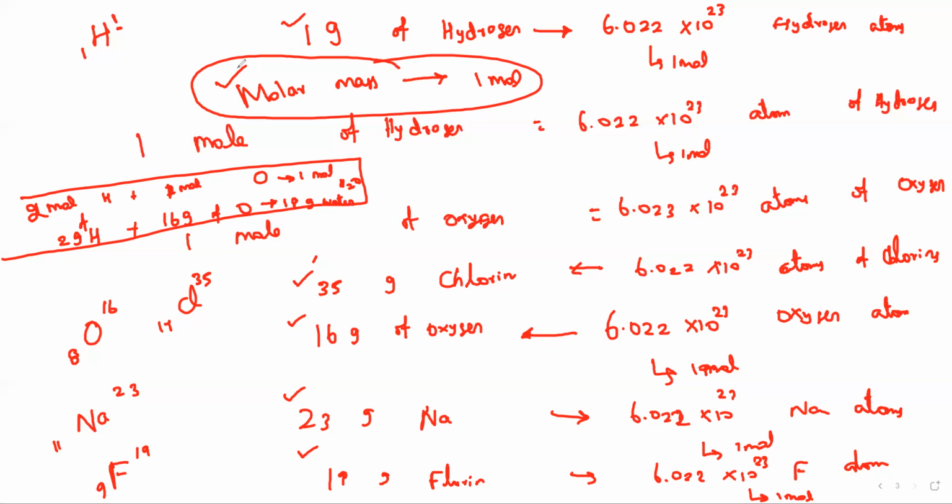Is that clear? So in chemical reactions, now you can understand why the amount of reactants or products can be represented as moles. Now we know the reason for that. Is that clear? So the number of moles is a very important thing in chemical reactions. So you guys just make a note of this.